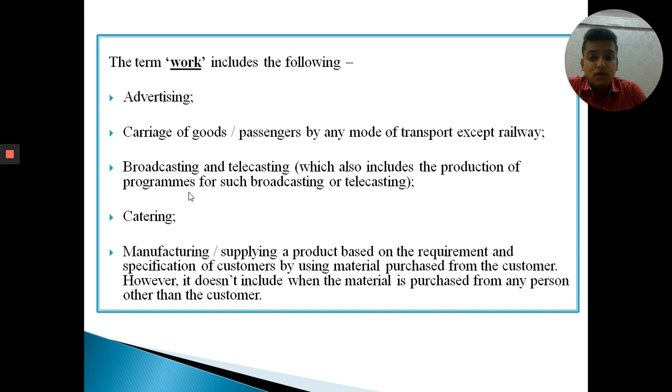Well, the last point, that is manufacturing or supplying a product based on the requirements or specification by using material purchased from the customer, is very important, because of the recent amendments.